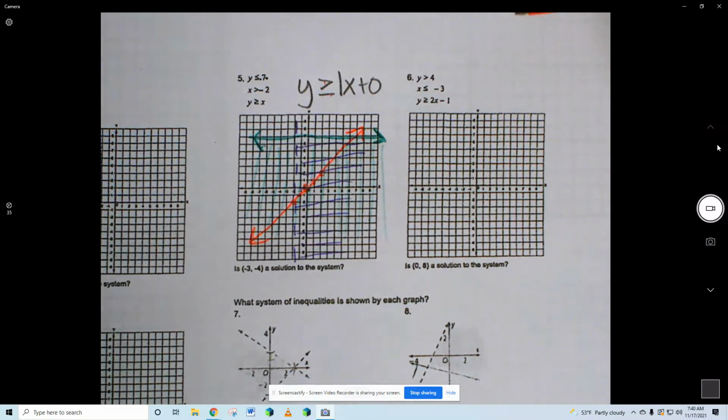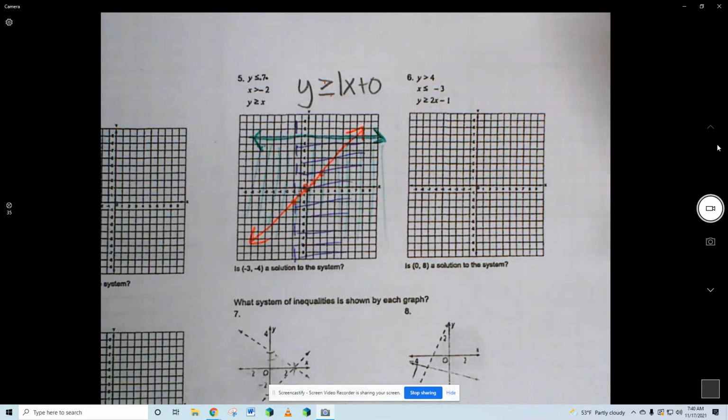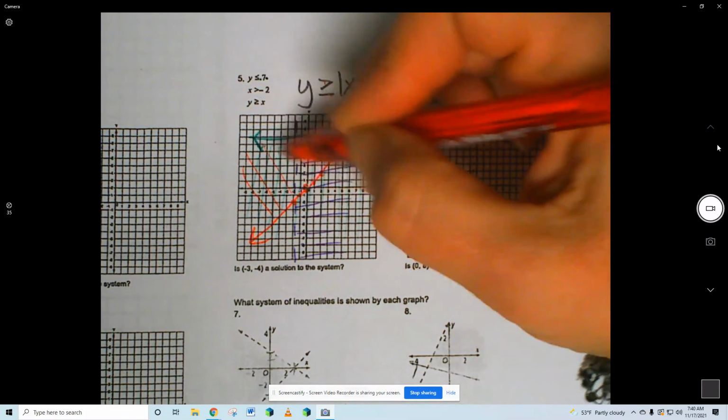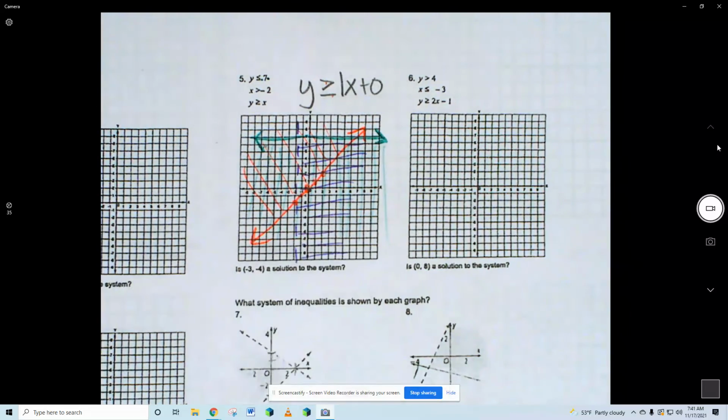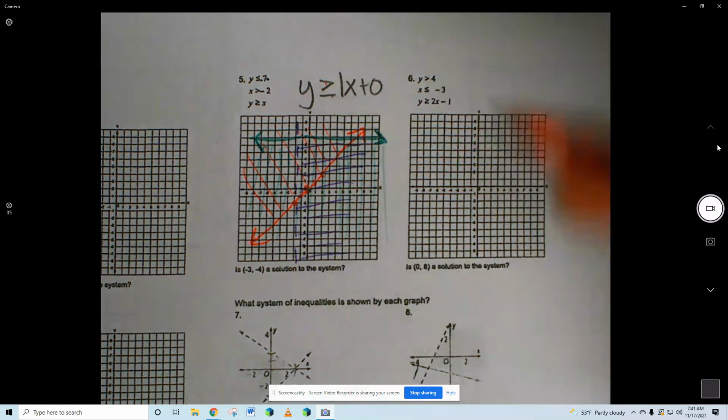Above. Where's the only place that red, green, and purple collide? Do you guys see the area that they collide? What shape does it make? Where do red and green and purple collide? What shape does it make? Triangle. Right here.